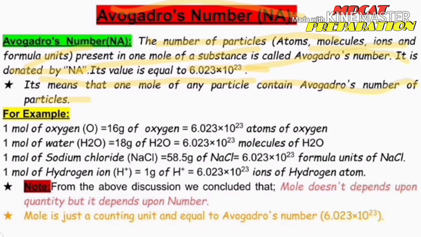For example, 1 mole of oxygen contains 16 gram of oxygen and is equal to 6.023 into 10 raised to the power 23 atoms of oxygen.